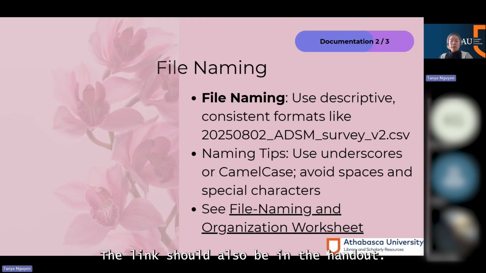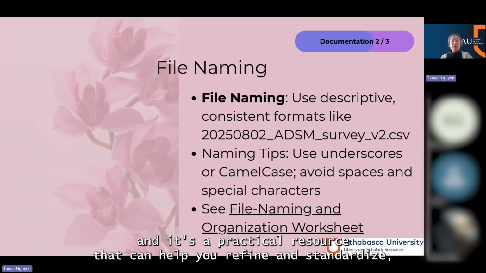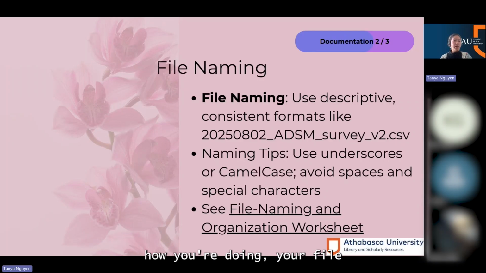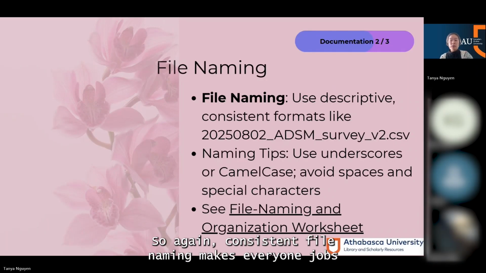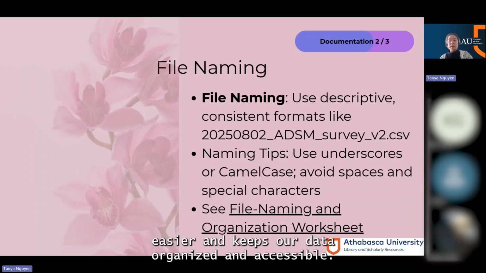The link should also be in the handout. This provides detailed guidelines and tips, and it's a practical resource that can help you refine and standardize how you're doing your file naming and folder structures. Again, consistent file naming makes everyone's jobs easier and keeps our data organized and accessible.